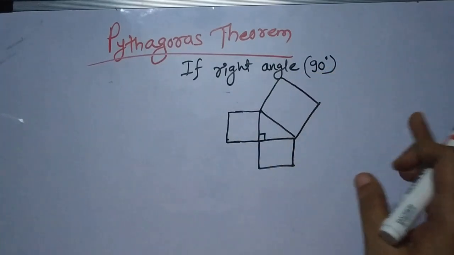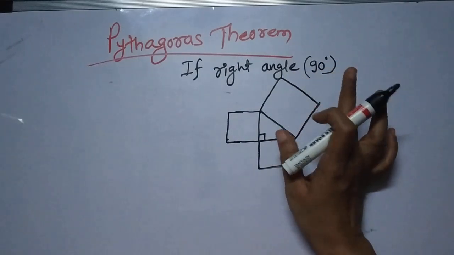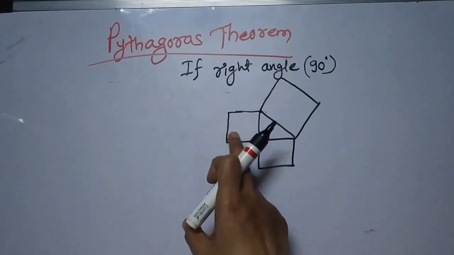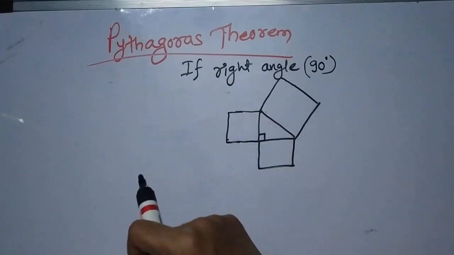He says that the bigger square has the exact same area as these two smaller squares put together, that is, the sum of the areas of the two smaller squares is equal to the area of the biggest square.